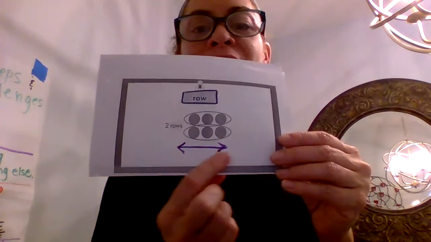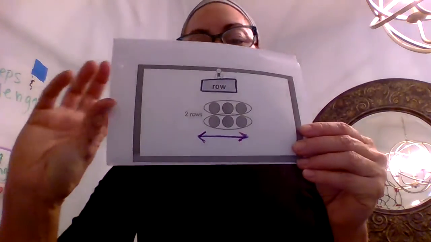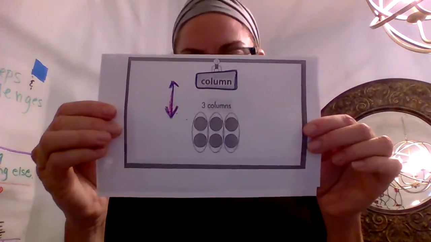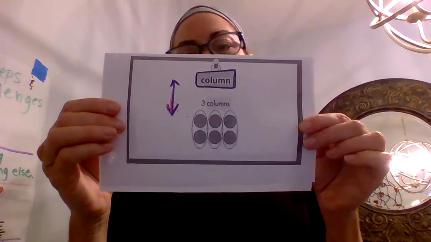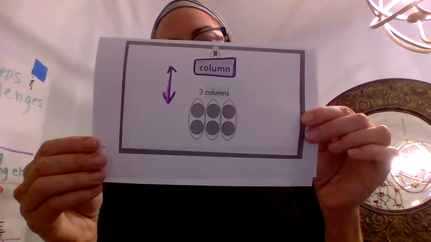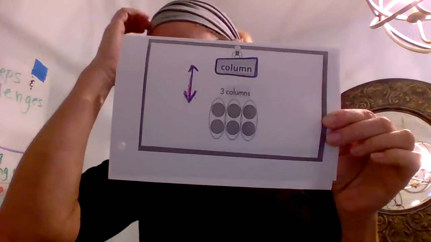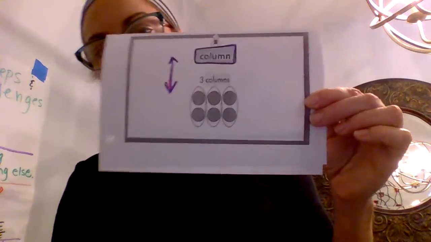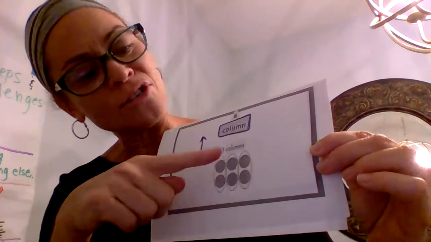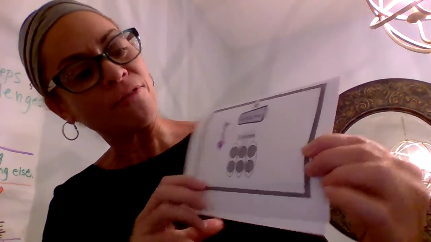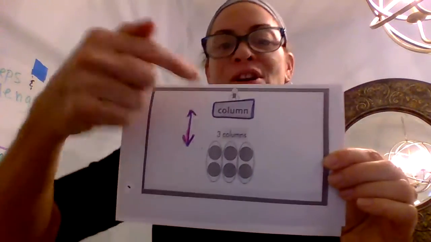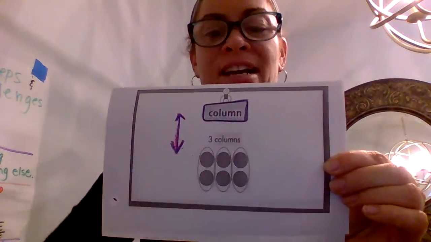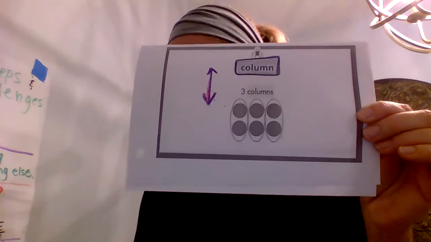I made the arrow because that helps me remember. And then columns are up and down. Okay, columns go up and down. So this again is 2 rows of 3. If you go up and down, there's 3 columns.